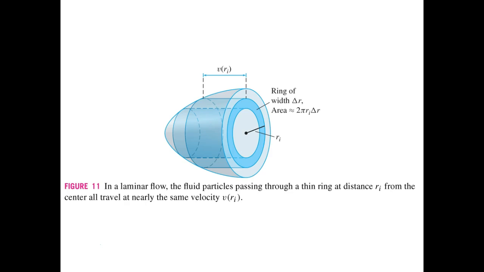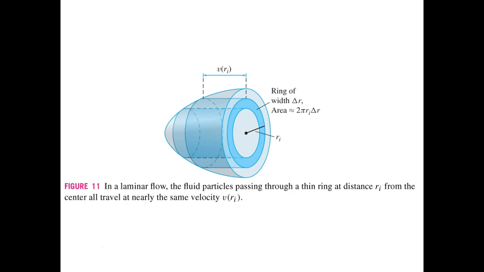Okay? Now, let's take this ring here of thickness delta r, and its radius is ri. So again, just like we did before, the length of this ring would be 2 pi ri times delta r.